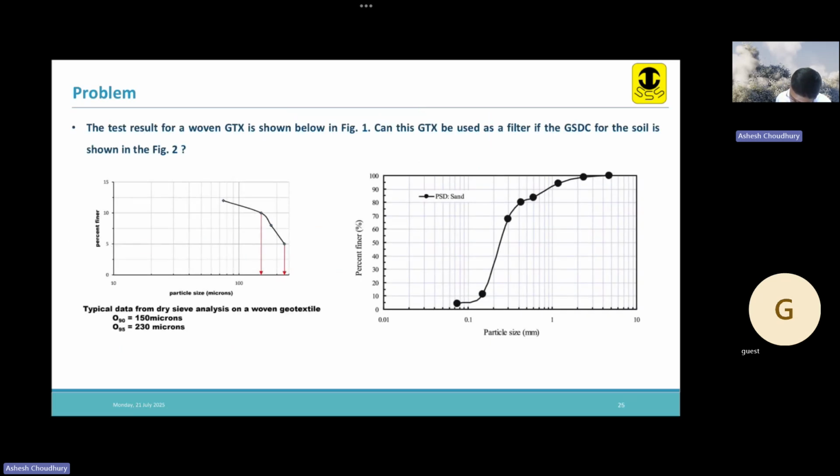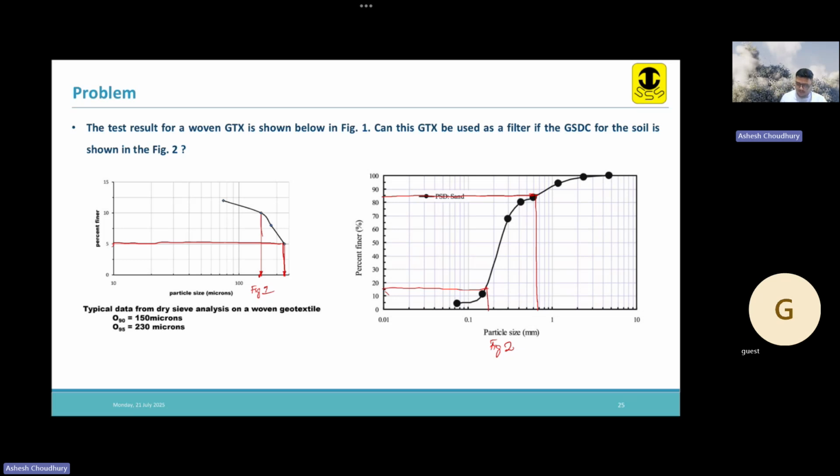I will find D85 from here, and D15, approximately from this curve.